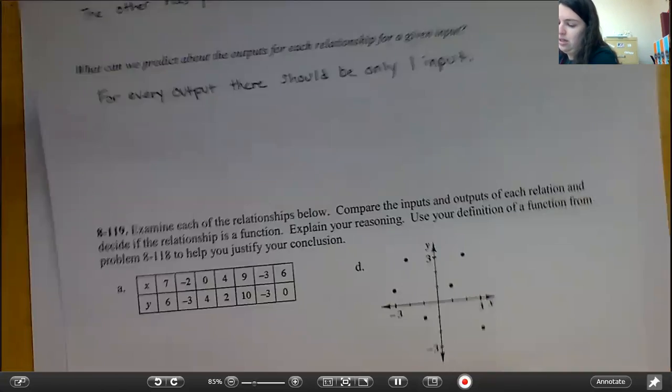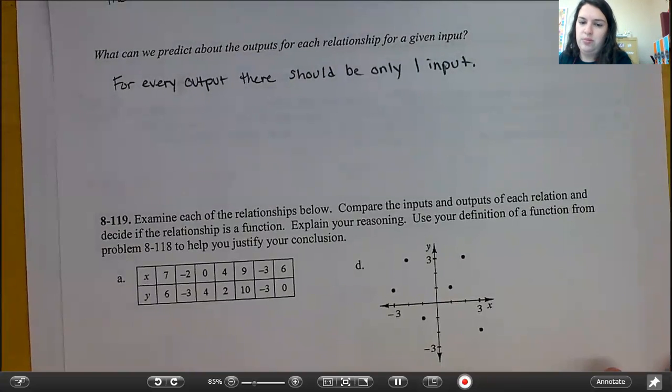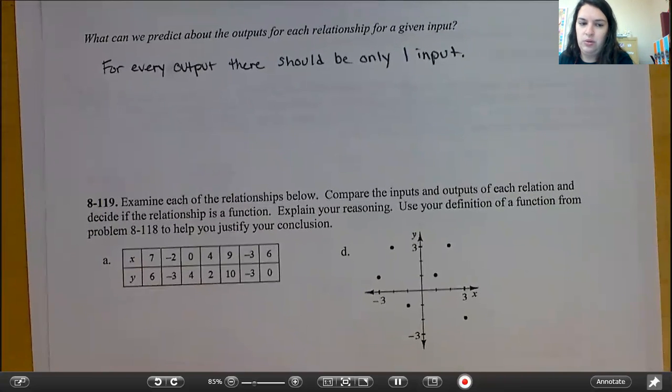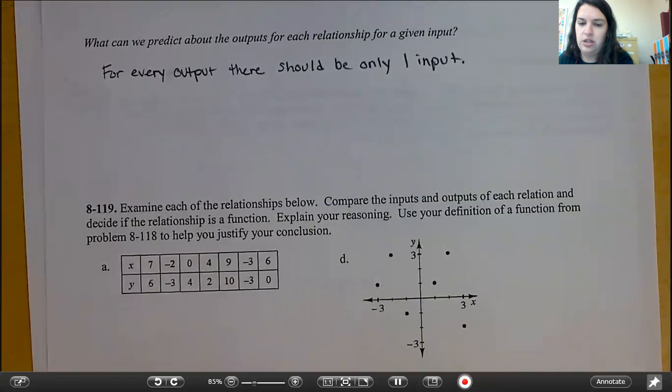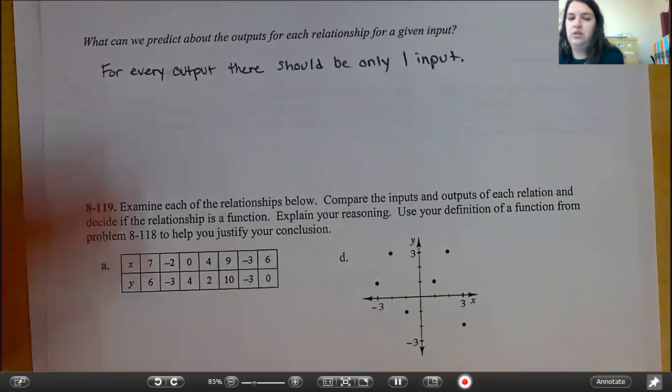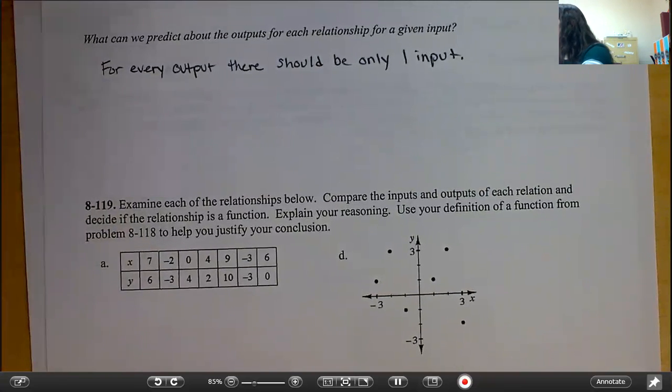Okay, 8.1.19. Examine each of the relationships below, compare the inputs and outputs of each relation, and decide if the relationship is a function. Explain your reasoning. Use your definition of function from problem 118 to help justify your conclusion.